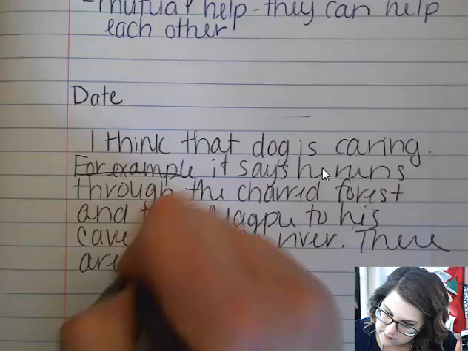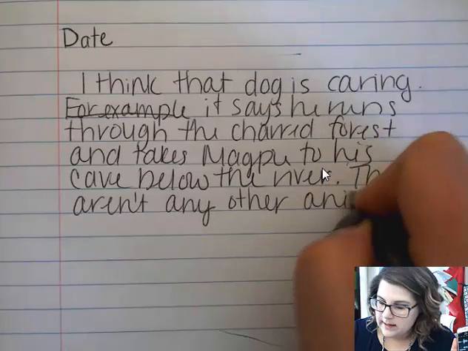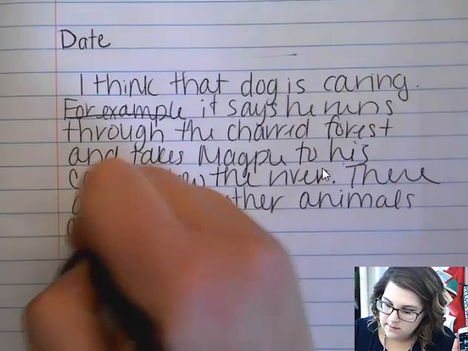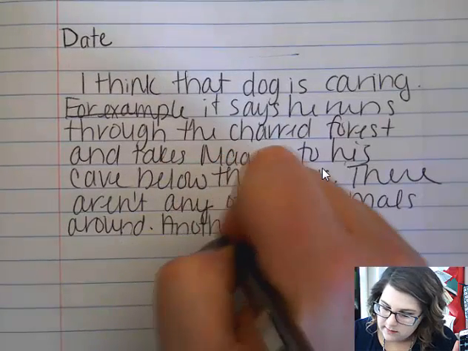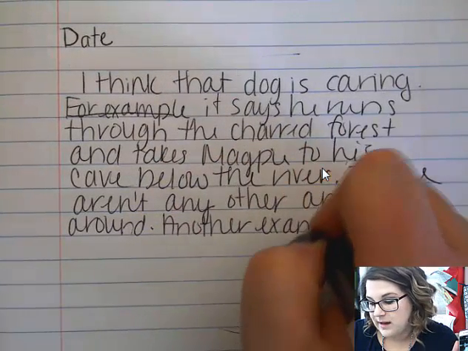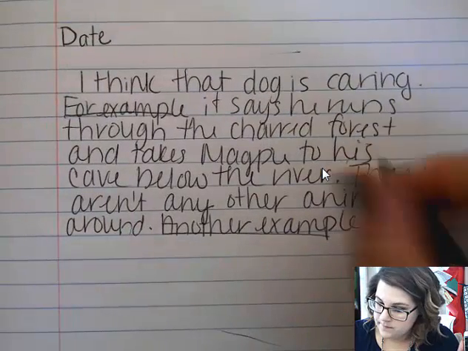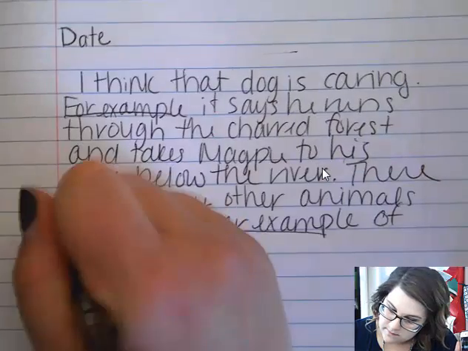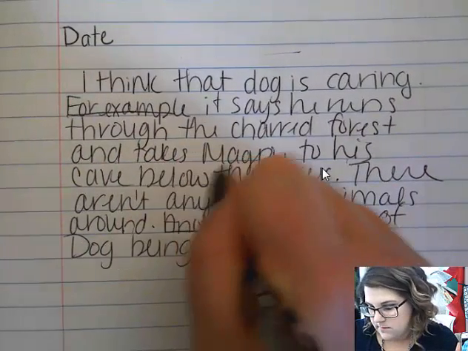There aren't any other animals around. Then I started saying another example, and that's my second thought prompt. Of dog being caring is that he takes care of Magpie when she's hurt, not leaving her side.